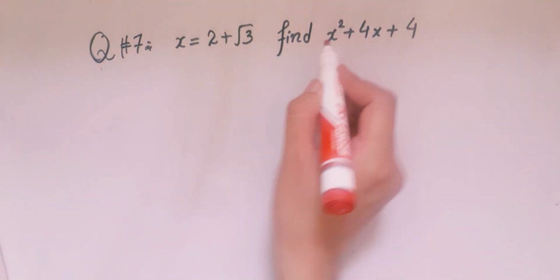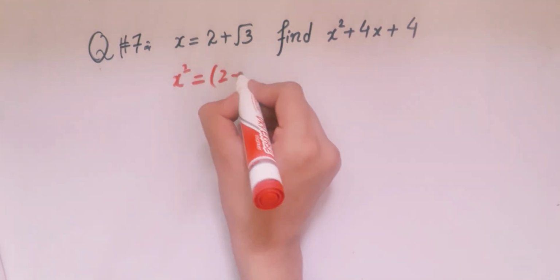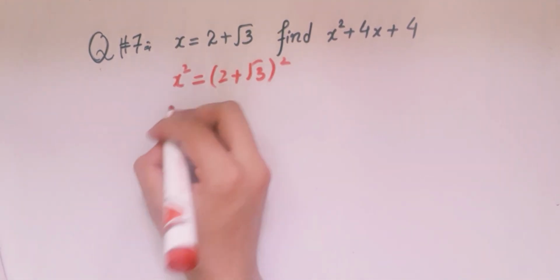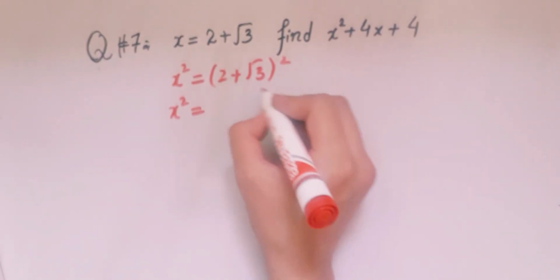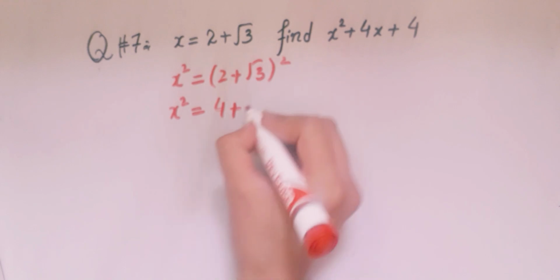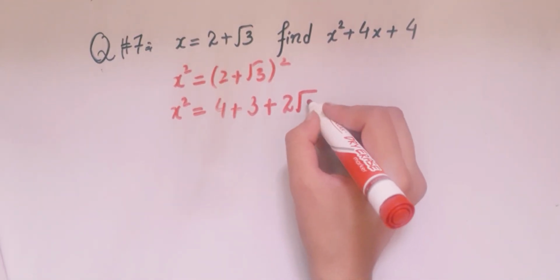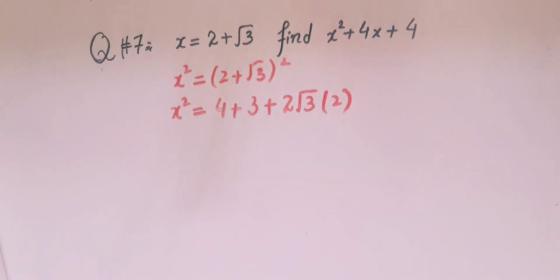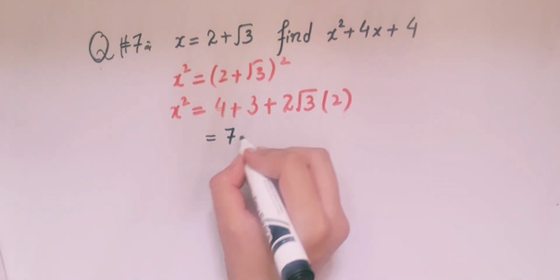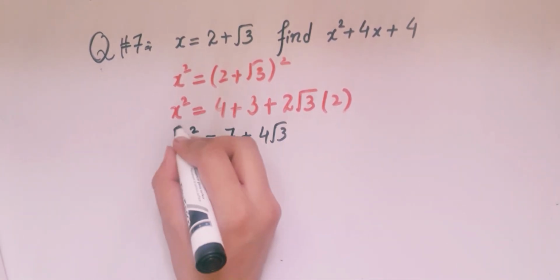So first of all, we will find x square by taking the square of this. x square is equal to, we will apply the formula of (a plus b) whole square, then 4 plus 3 plus 2 square root 3 into 2. So we have 7 plus 4 square root 3. This is the value of x square.